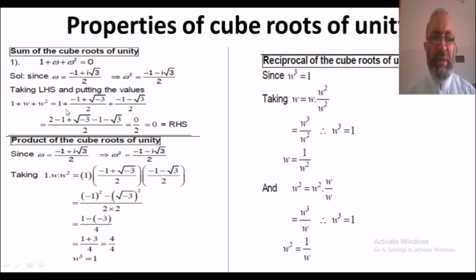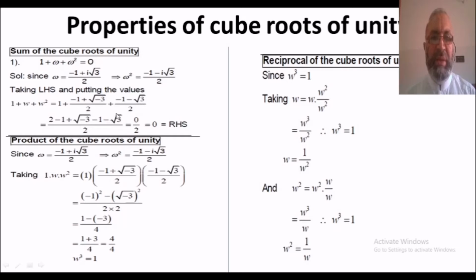Now taking the LCM, 2 is the LCM. So there is 2 multiplied by 1, 2, plus (-1 + i√3) plus (-1 - i√3). Here a minus is missing, please note it down.